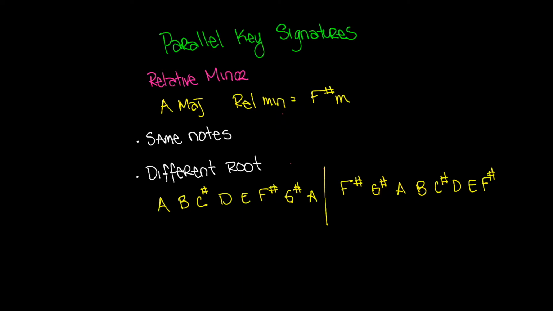That really points out that they're the same notes. We just have a different root note. They are in the same order, just with a different starting point. Imagine them on a circle and I just shifted the circle.